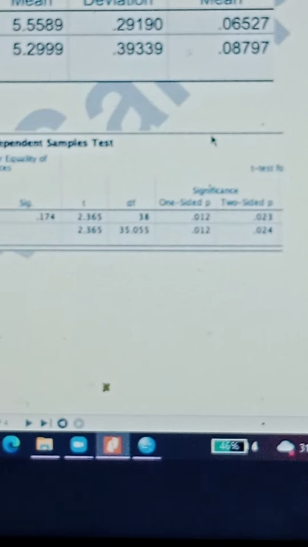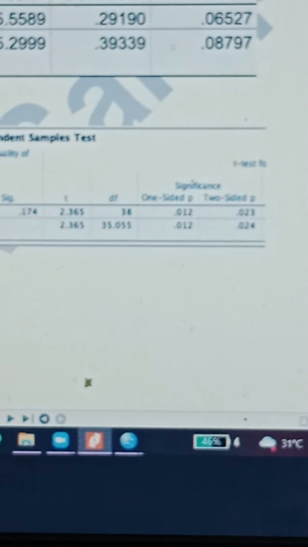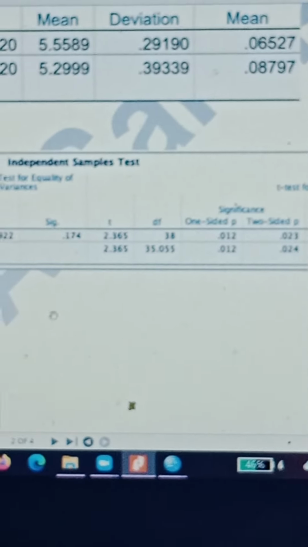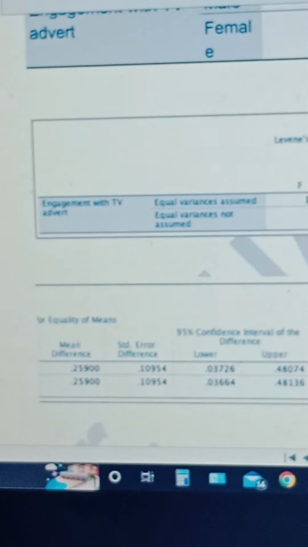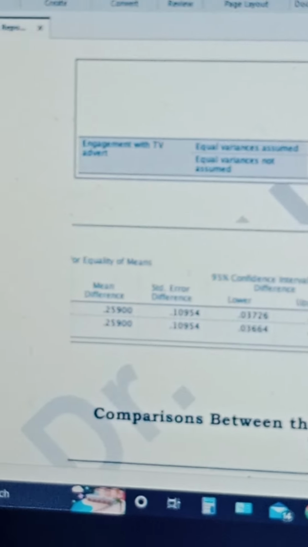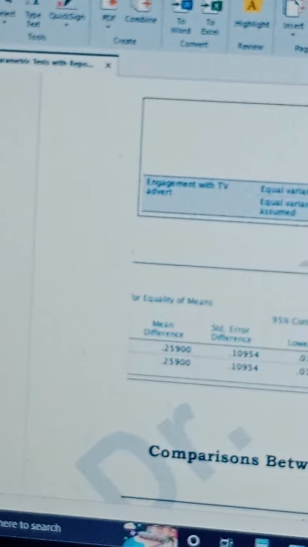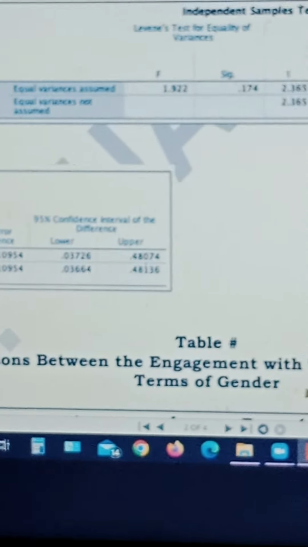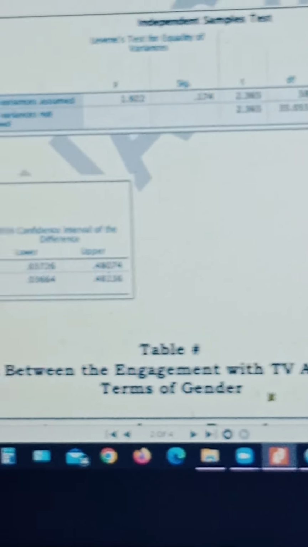The one that we are interested in, I cut the table because it's long, the continuation is right here. We want to find out if the values are significant or not significant. So here it is. This is the one, 0.023, significant.